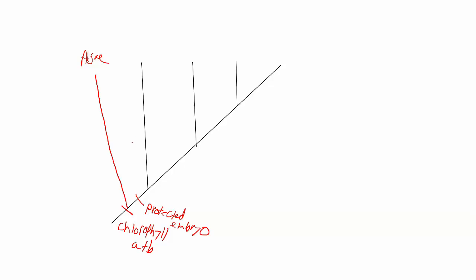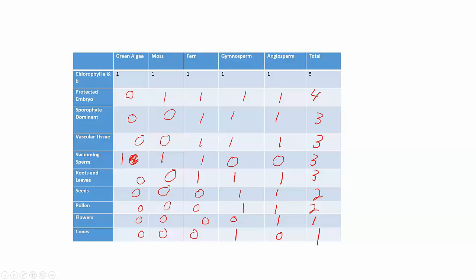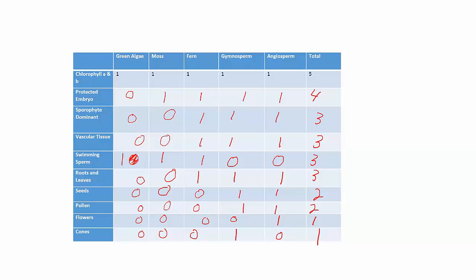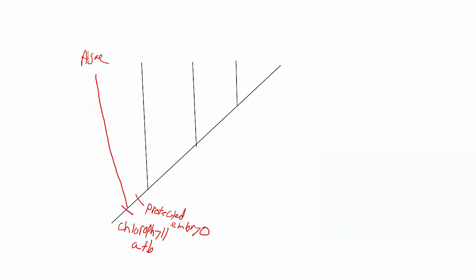Okay, and then let's see what's next on the cladogram. Sporophyte dominant. We can come back to those. Vascular tissue. Well, let's do sporophyte dominant right here.